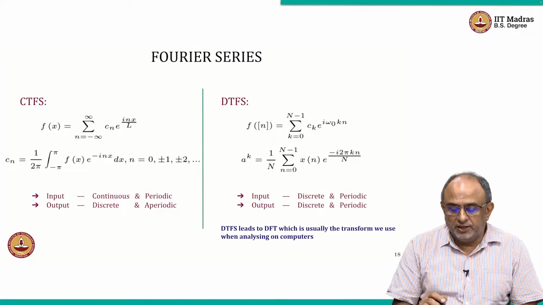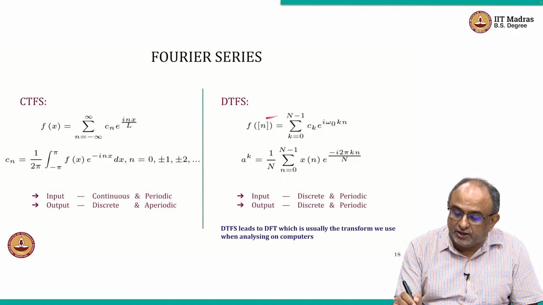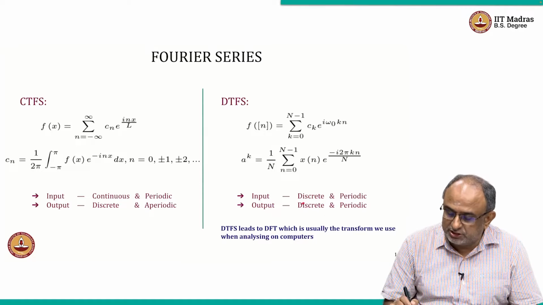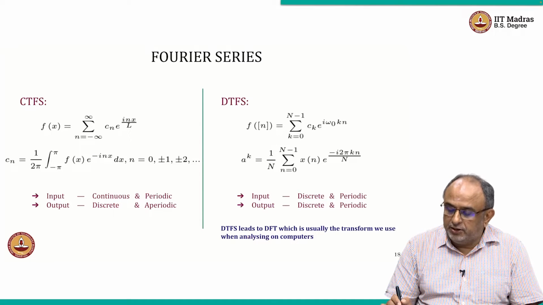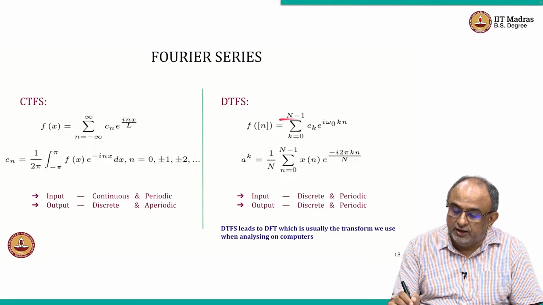Similarly, if I have a discrete signal and periodic, so this I had made a mistake last class, so I have corrected it now. So this is discrete and periodic. If it is discrete and periodic, then what it also implies is that the basis functions also will be discrete.